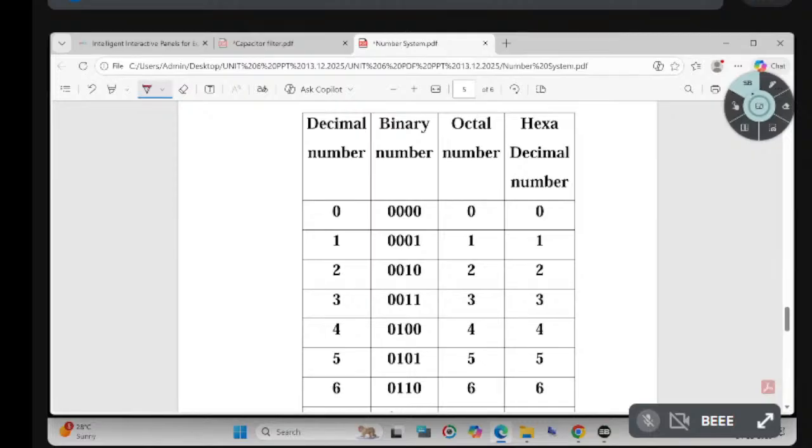Decimal 6, octa 6, hexa 6. Decimal, binary, octa, hexa.